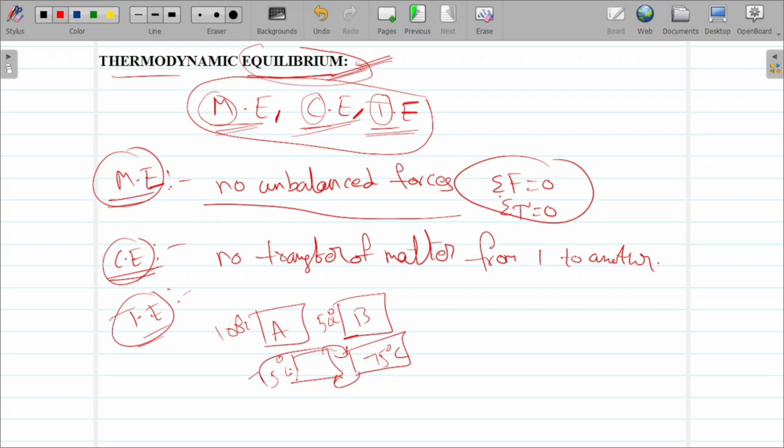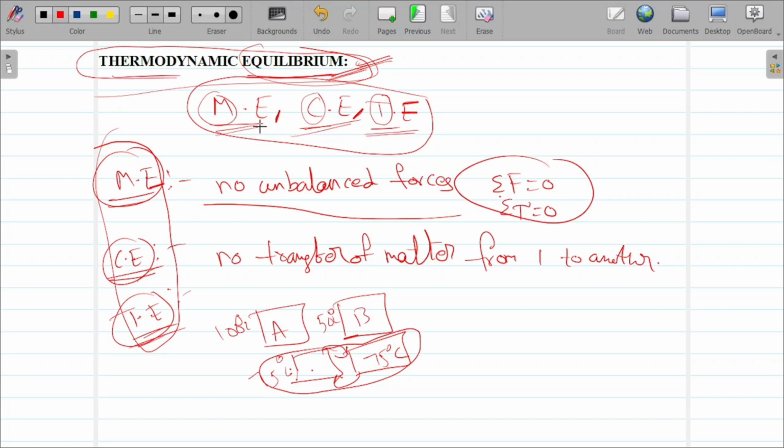Then we can say the system is in thermal equilibrium, when there is no exchange of energy between the objects and the surroundings. If these three equilibriums are there in one system, then we can say the object is in thermodynamic equilibrium.